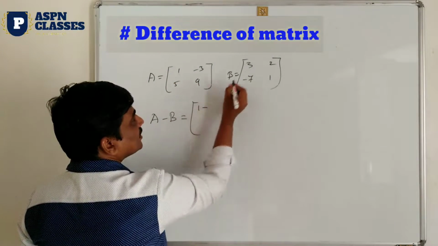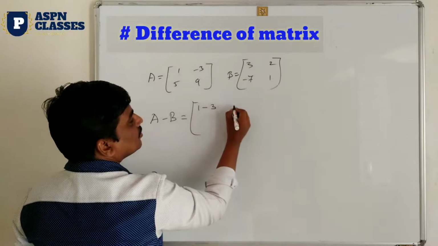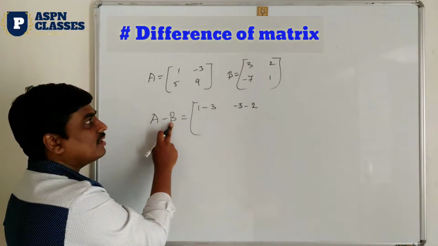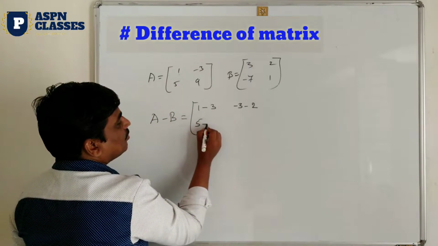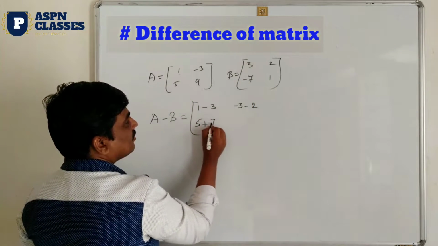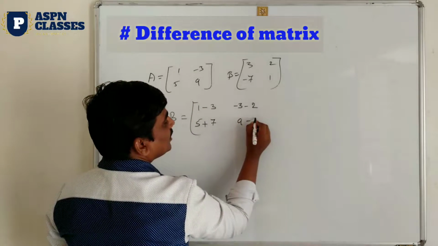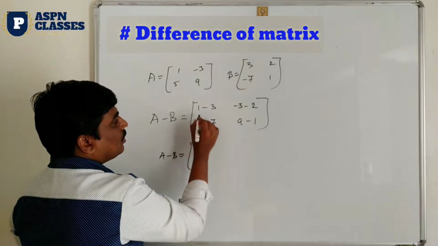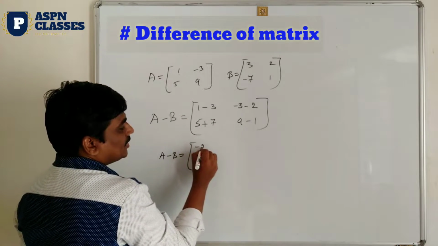1 minus 3. Next, minus 3 minus 2, because it is A minus B. Next, 5 minus minus 7, that is plus 7, and 9 minus 1. So the answer A minus B is 1 minus 3, which is minus 2.